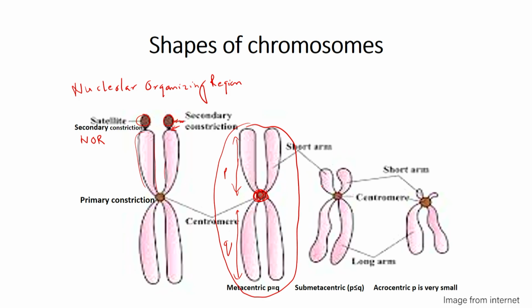A submetacentric chromosome is when the P arm is shorter than the Q arm. Then the other chromosome has a very little P arm or almost non-existent and a long Q arm. So that is your acrocentric chromosome.